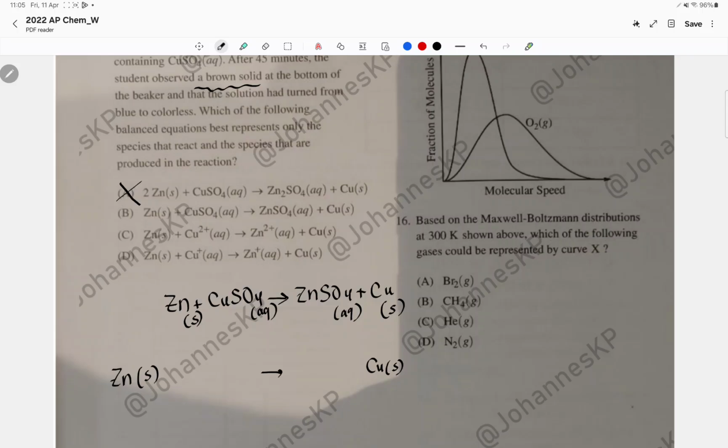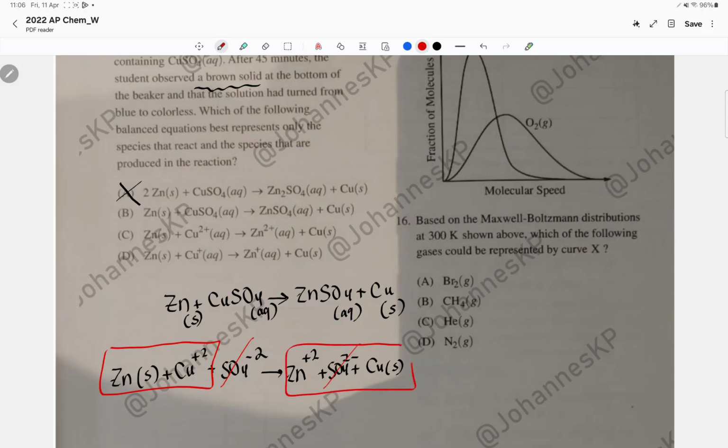So you're going to get Cu2+ and SO4 2-, Zn2+ and SO4 2-. Now you cancel the SO4s. You're going to have just zinc solid with a Cu ion giving you a zinc ion with Cu solid. So the answer is going to be choice C. Good.